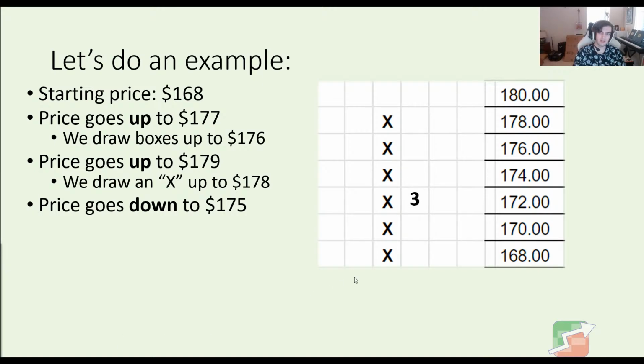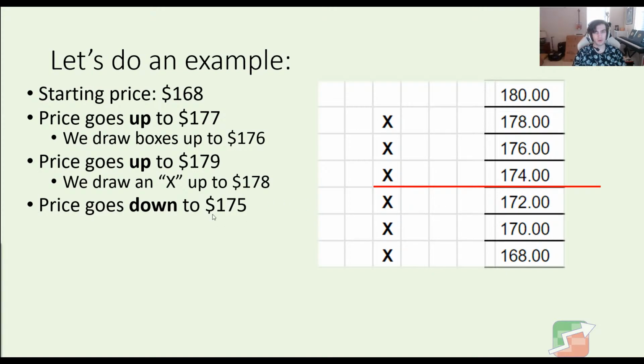So the price would need to go to the box of 172. So let's draw that line. If we go below this red line, we would reverse into a column of O's.